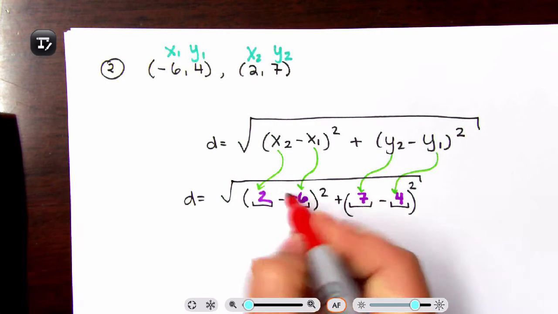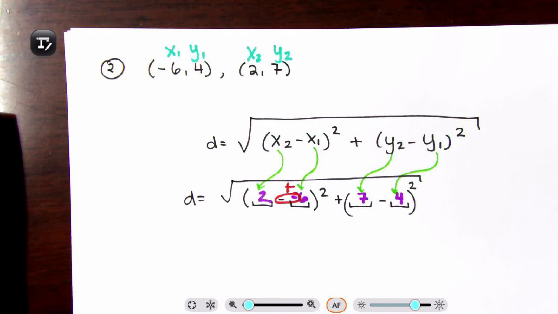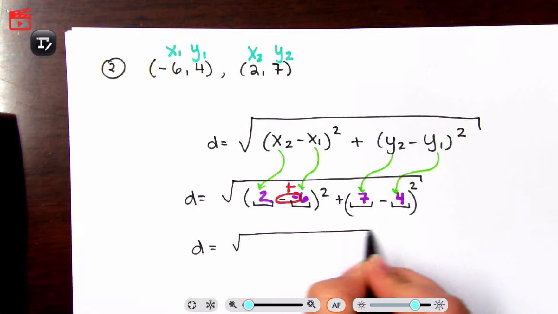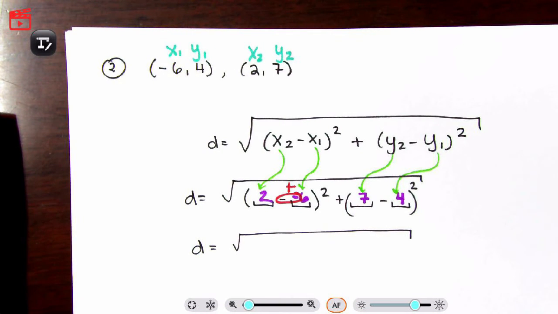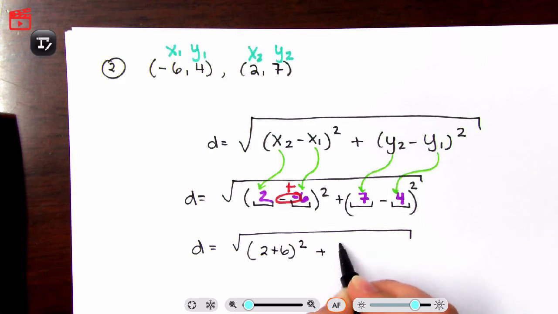I see 2 minuses. I'm going to make it into a plus. So we have lowercase d is equal to the square root of 2 plus 6 squared plus 7 minus 4 squared.